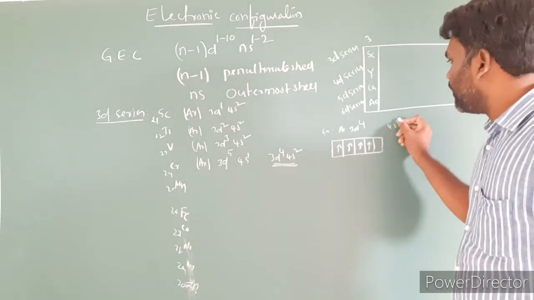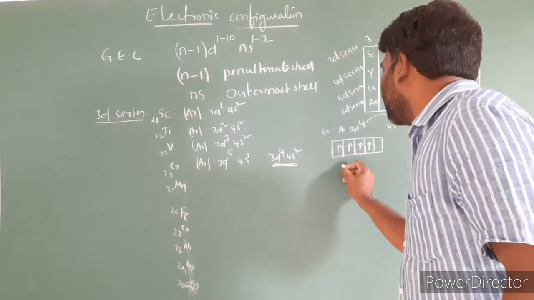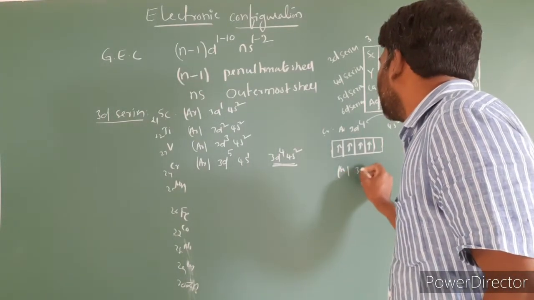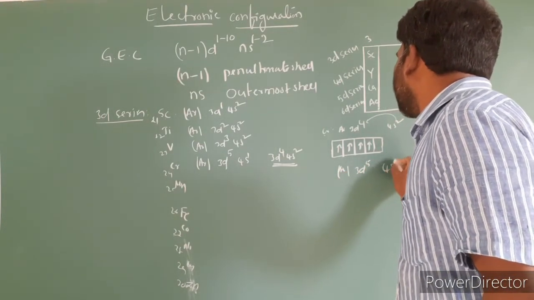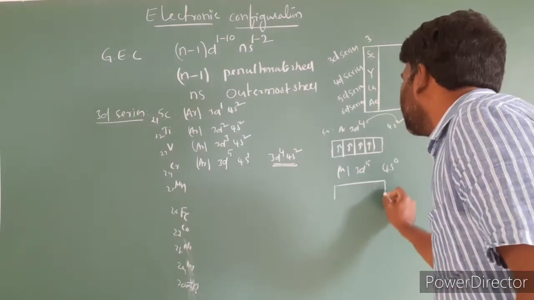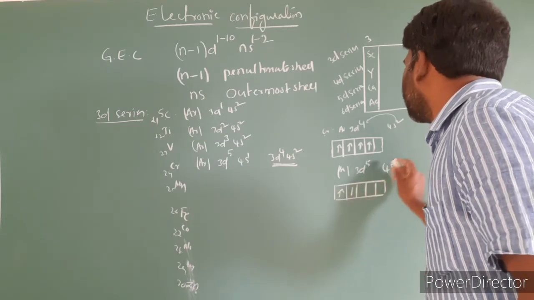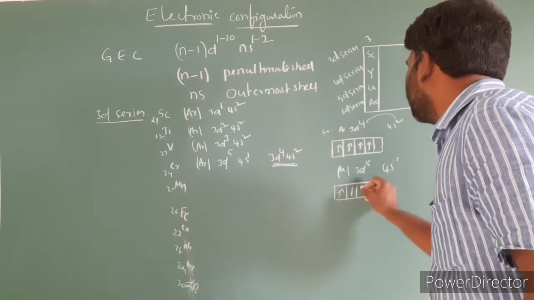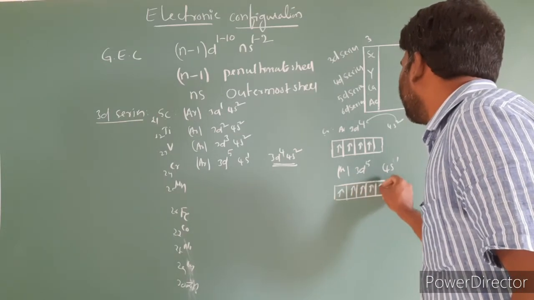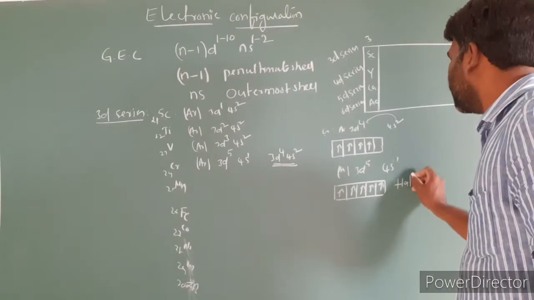If one electron jumps from the 4s orbital to the 3d orbital, the configuration becomes argon 3d5 4s1, so we get a half-filled electronic configuration.